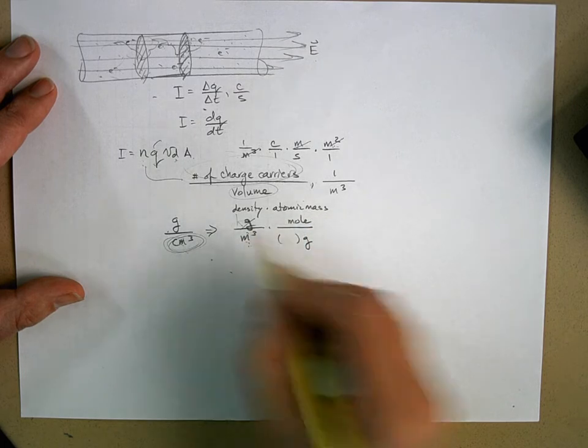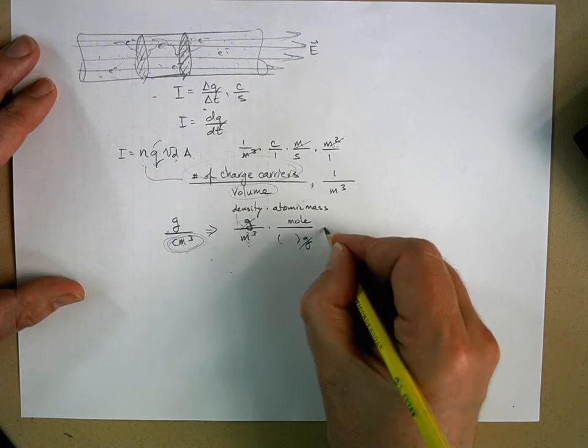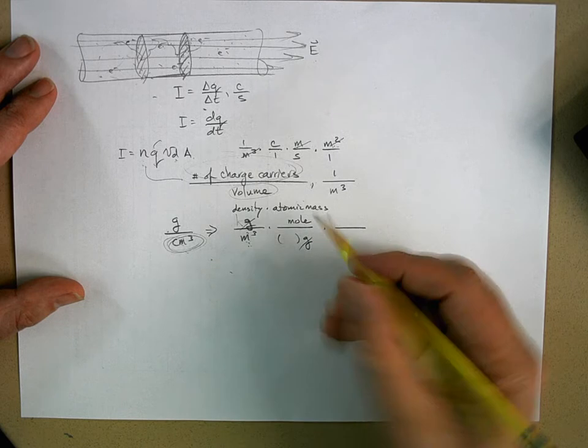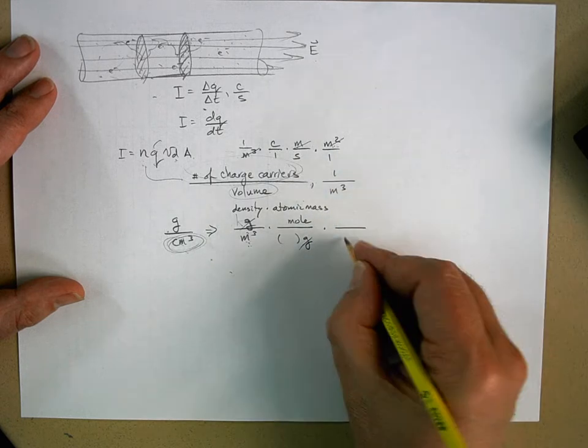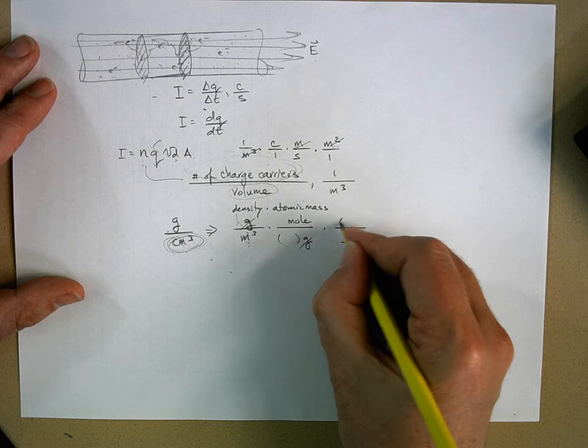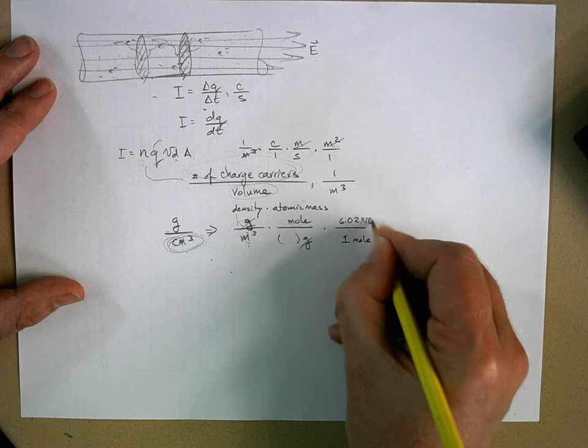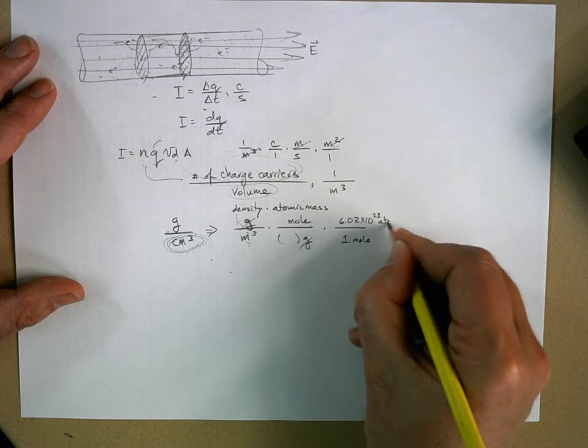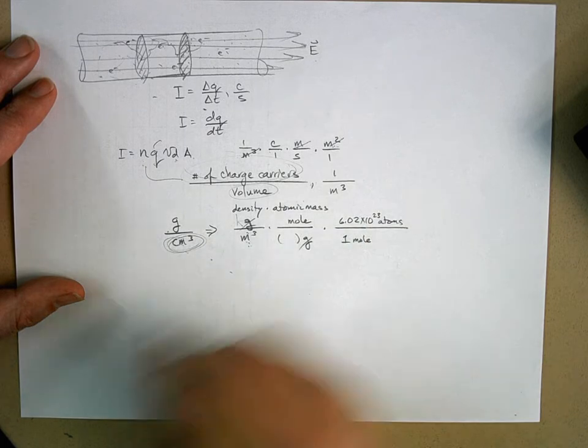Now that cancels out the grams. Well, but I want to know the number of charge carriers. Well, in 1 mole, there'll be 6.02 times 10 to the 23 of those atoms, whatever atoms there are.